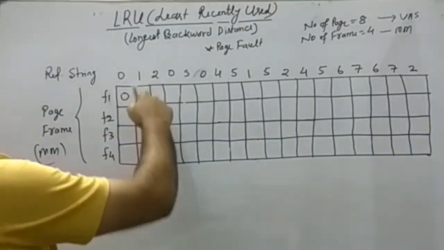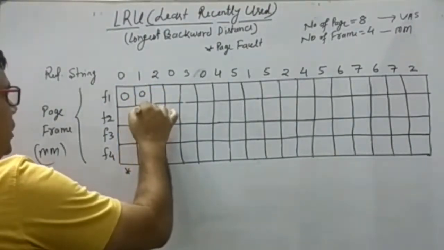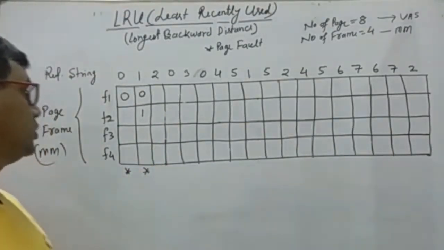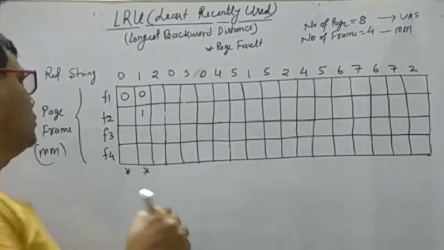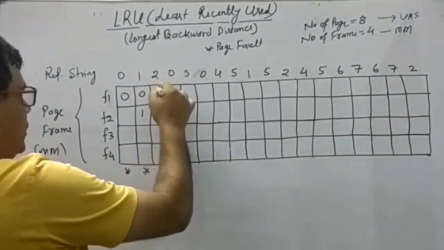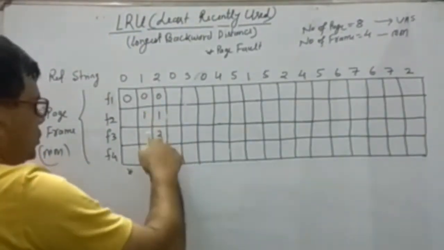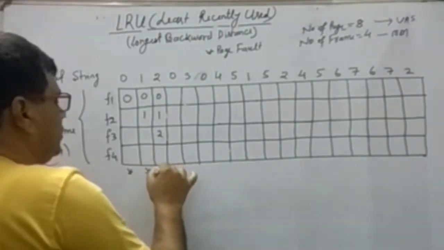Now when page 1 arrives, a page fault also occurs, and page 1 is mapped into page frame 2. Now when page number 2 arrives, then 0, 1 and 2, page 2 is mapped into frame 3 and a page fault occurs.